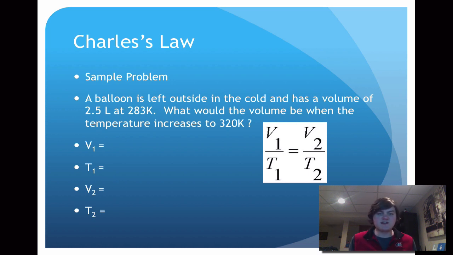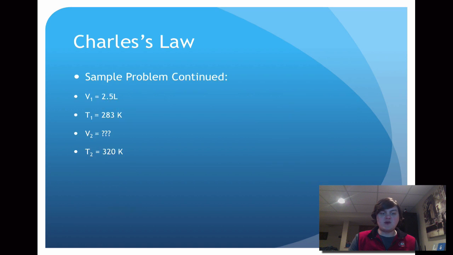In the first sentence, the initial values are 2.5 liters for the volume and 283 Kelvin for the temperature. The second sentence in the question is asking about the volume, so that is what we should be calculating in this problem. And the second temperature is 320 Kelvin. So now we have determined what 3 out of the 4 variables are, and if we go through using Charles's law, we can calculate what the final volume will be.